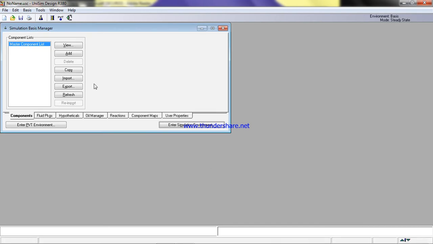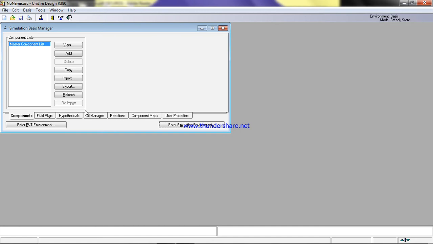By the time you go to new case, you see components, fluid packages, hypotheticals, oil manager, reactions, component map, user properties. So depending on the process you are modeling, that will determine which of these menus you make use of.